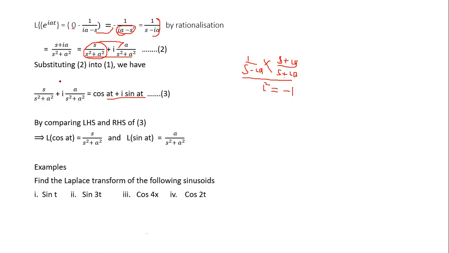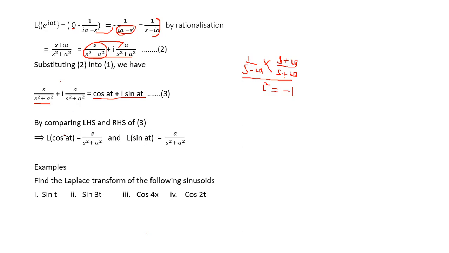So now, as I said, if you compare, you can see this one, no i, cos no i. So we can now see that transforming cos at will give you s over s squared plus a squared. Now when you compare i also to i, we can also say that transforming sin at will also give you a over s squared plus a squared.